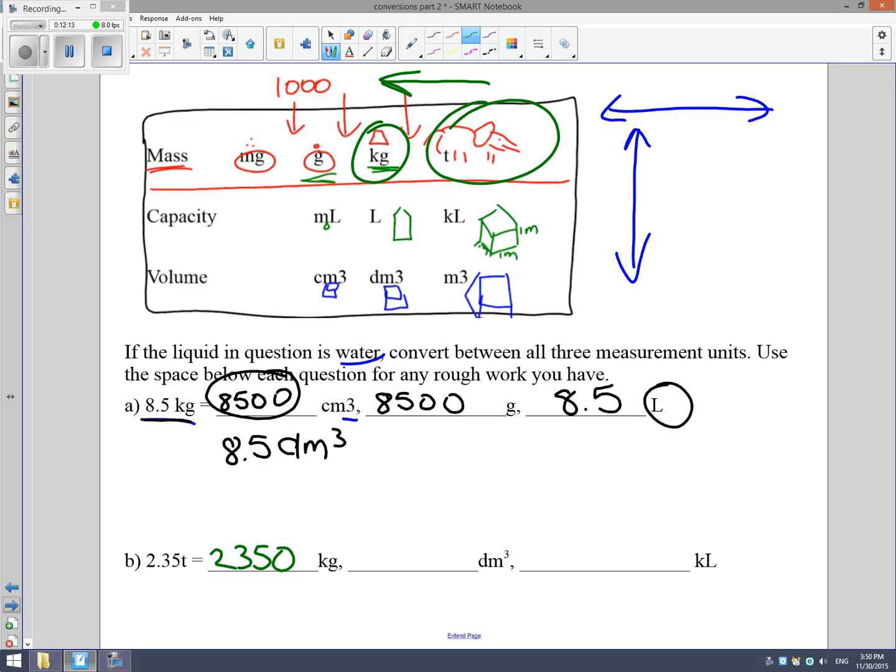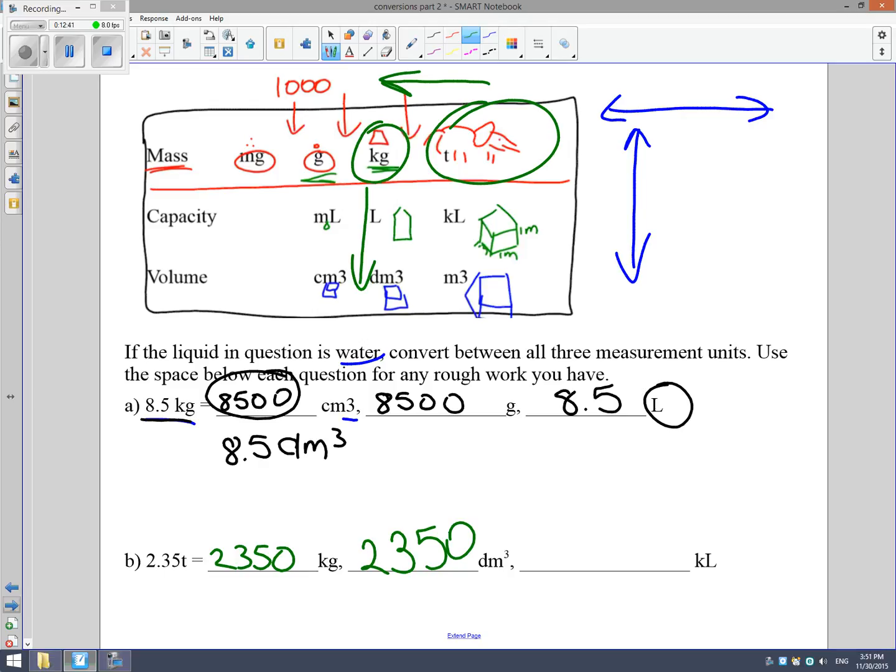The next conversion is to decameters, and as we see with our chart, that 1 kilogram of water will fit in 1 decameter cubed of space. So this will be a straight conversion using the number we just had, 2,350.